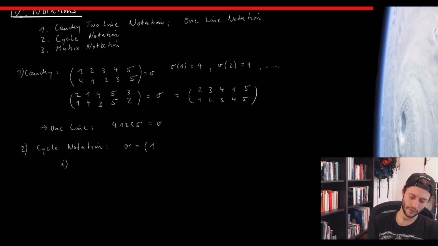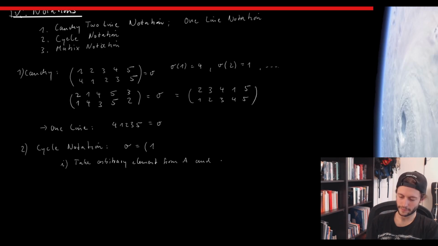So what do you do? You take an arbitrary element from A and write an open bracket and this element. Let's call it X.